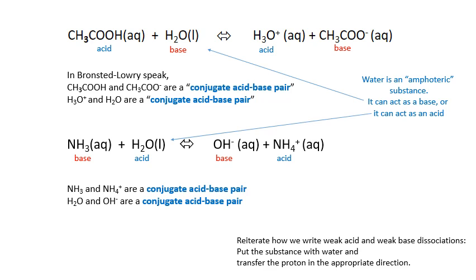If they give you an acid, the proton gets transferred to the water, away from the acid. And the base, you put it with water and transfer the proton also, only this time it's away from water and to the base. So in each case, you put the substance with water and transfer the proton in the appropriate direction. And we're going to need to remember that.